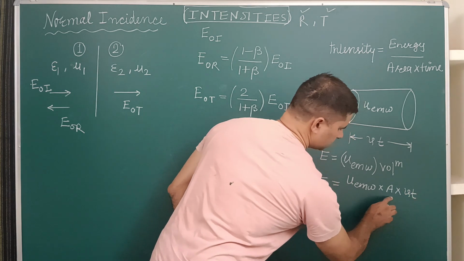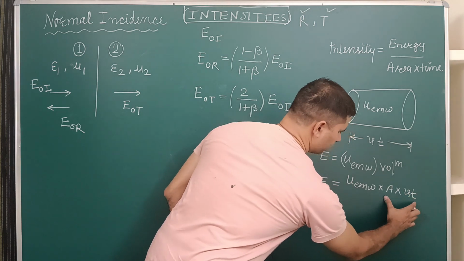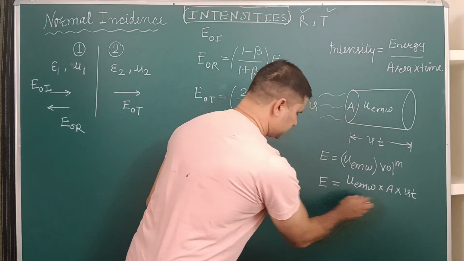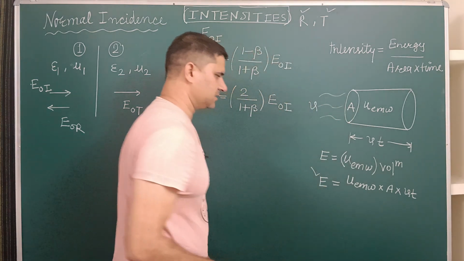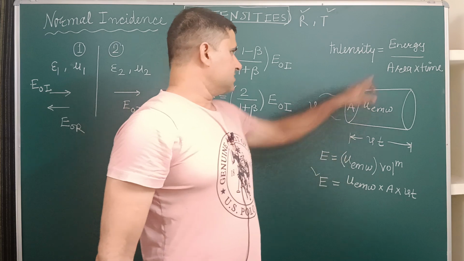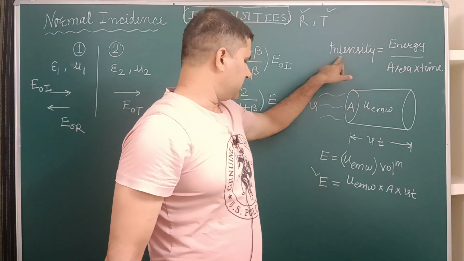This is length, this is area, it will become volume, and this is the energy density. तो मेरे पास total energy आ गई। तो मैंने energy निकाल ली। अब मुझे चाहिए क्या? Intensity.